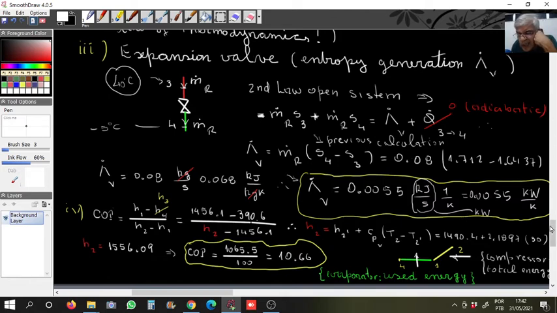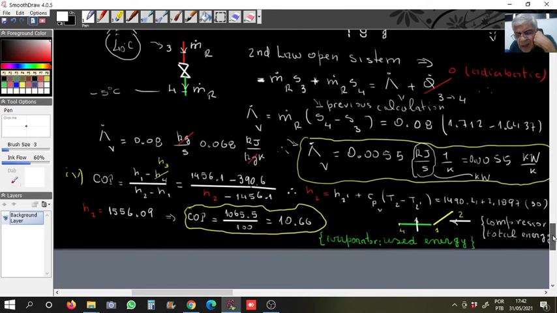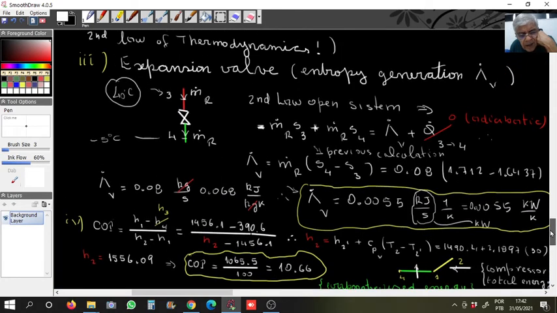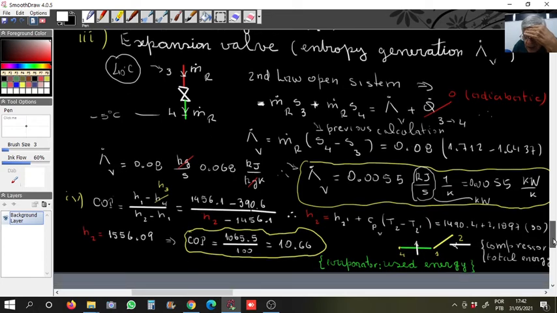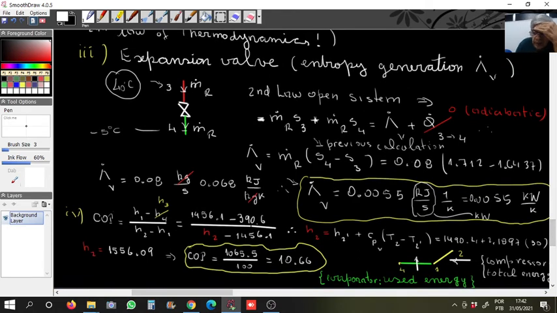Now let's go to the last item. The last item is the COP. Look at that COP. What does COP mean? If you look, I just drew over here, just for you to understand. I just put this evaporator.